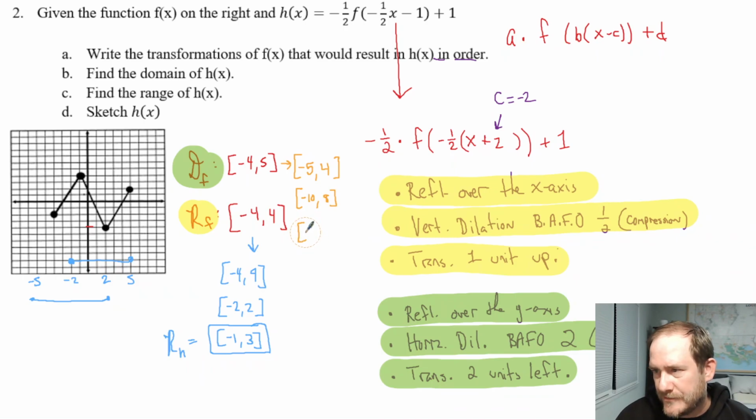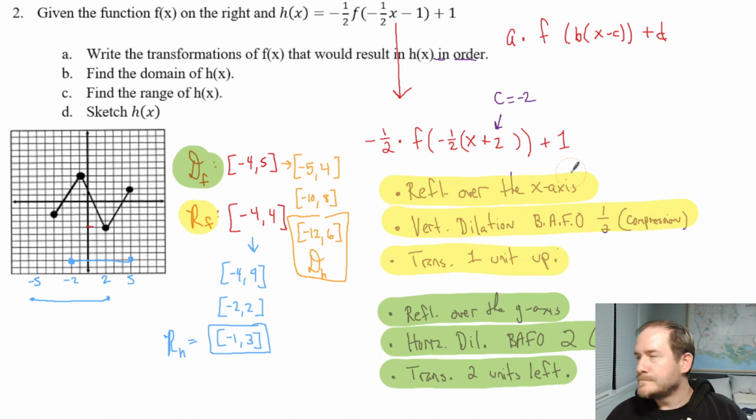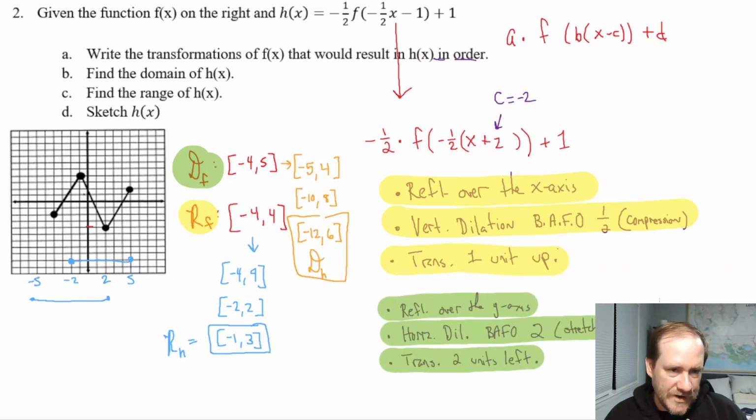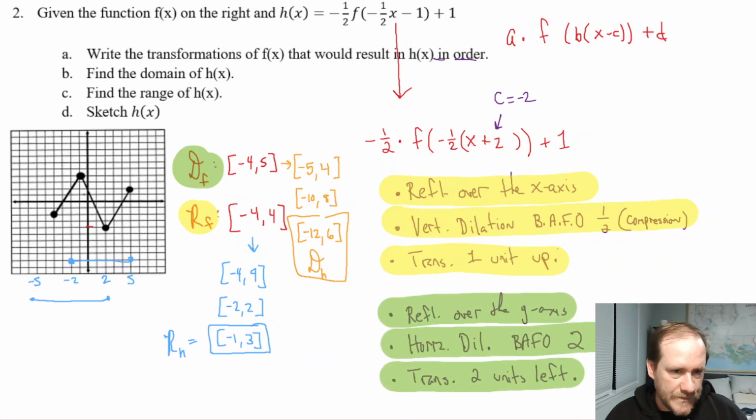So -10 drops down to -12, and 8 drops down to 6. But that should do it. That should be the domain of function h. So there. And again, my face is blocking, not much, just blocking the word stretch, which you don't really need to see anyway.